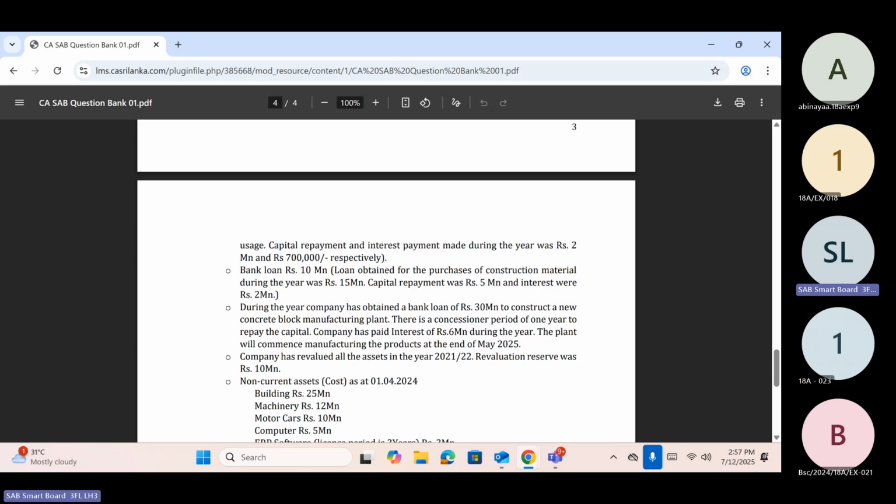So, we check only one interest. Is it related to this one? We can do that. Right? Borrowed money used for the production of income. Now we have allowable finance cost.